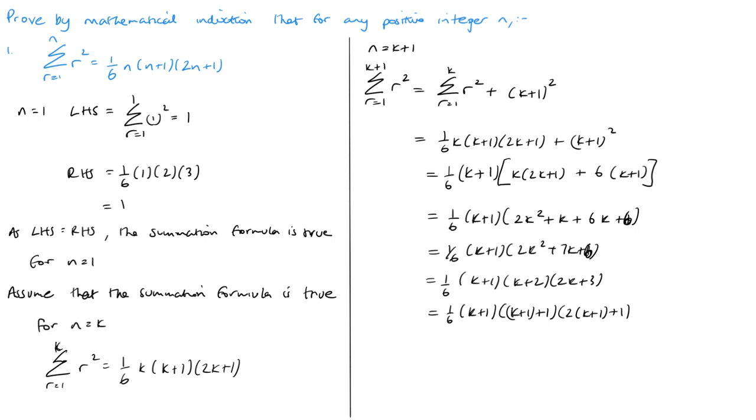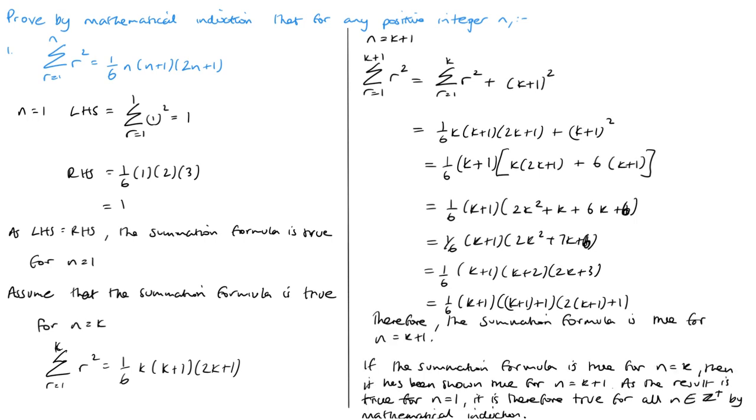Okay, so therefore the summation formula is true when n equals k plus 1 and so on. And there, just squeezing on the bottom, is the conclusion step, etc. Okay, that's going to stay the same for all of the ones that we're doing today.